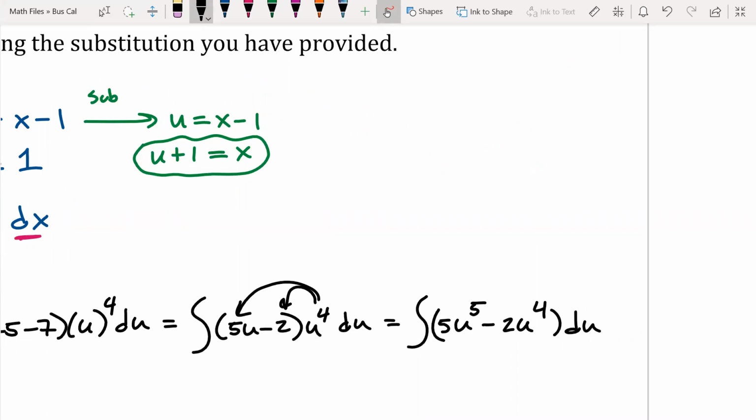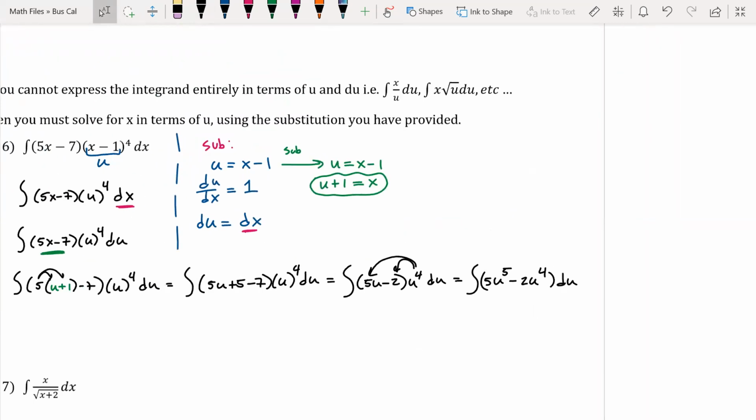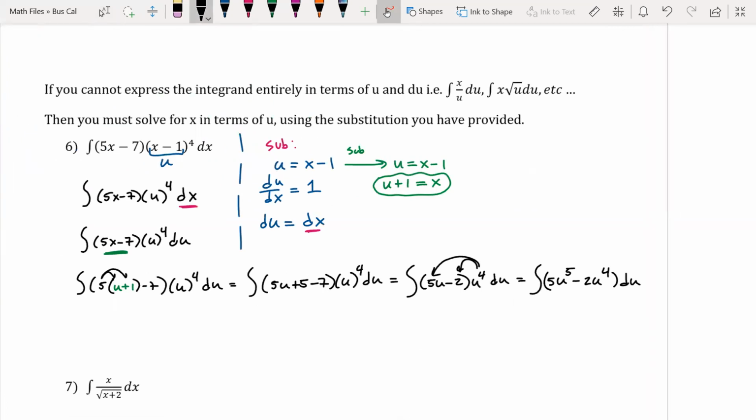Which means we are now ready to find the antiderivative. Our integral is all in terms of u. So we are going to use power rule on both of these. I'll start over here, which means we're going to get 5 times, and if we use power rule on u to the 5th, that's going to be u to the 6th over 6, minus 2 times power rule on u to the 4th, which is u to the 5th over 5.